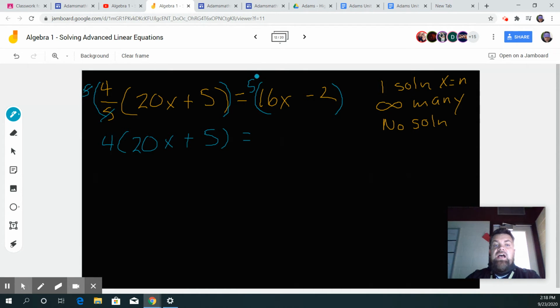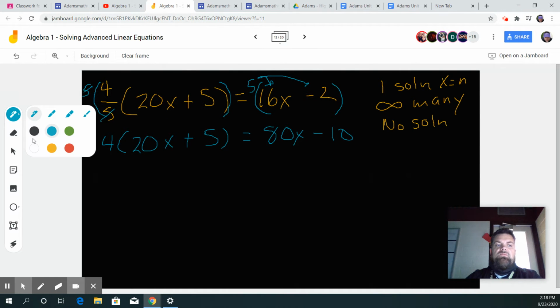But I really kind of transferred it over to the other side of the equal sign. So 5 times 16 is 80x. Well, it's 5 times 16x, but 5 times 16 is 80, and then you tack on the x. And then 5 times negative 2, negative 10. Now we got rid of the fraction. I'm going to distribute the 4 through.